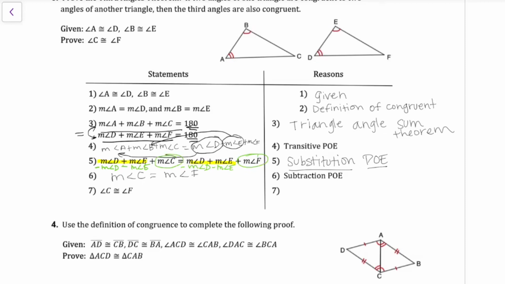That leaves us with the measure of angle C is equal to the measure of angle F. Well, we need to get it to just angle C is congruent to angle F, so we are going to use the definition of congruent, and we will just say angle C is congruent to angle F.